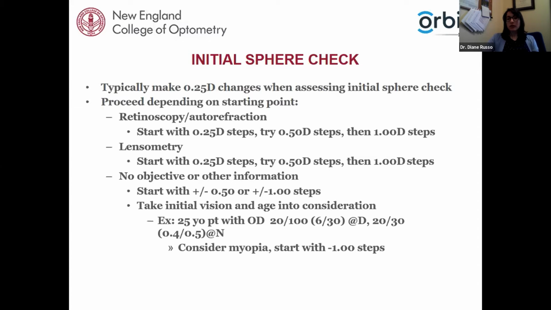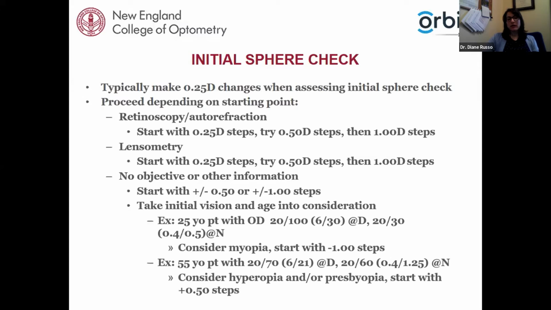Here you should be considering myopia, because the distance visual acuity is reduced but the near is better. And so you may want to start with a -1. You could start with -0.50, but on the next slide we'll talk about what dioptric value you should be expecting. So here you could go with a -1 and then recheck the patient's acuity and see how much it improves.